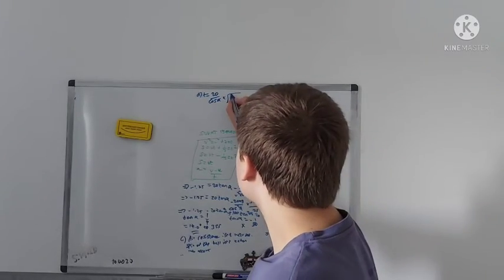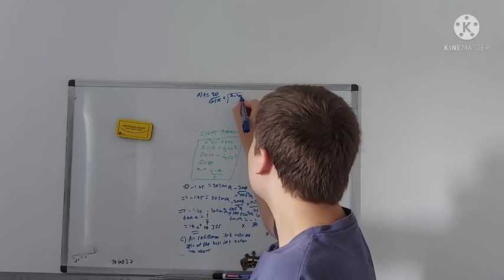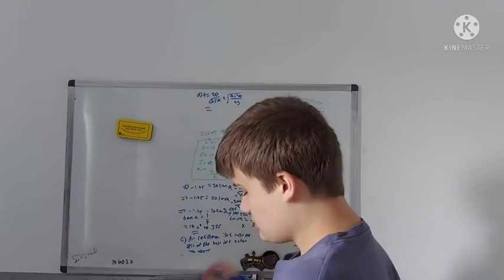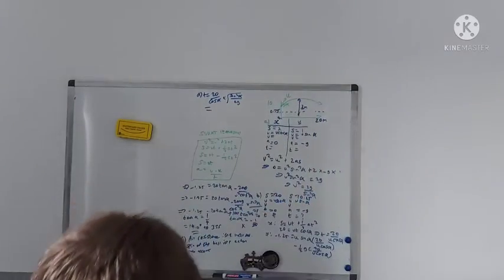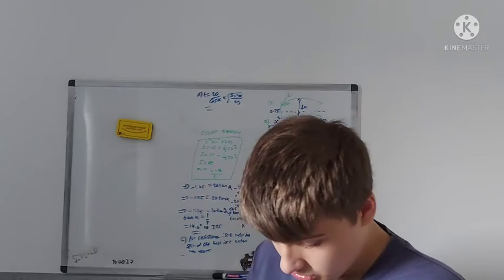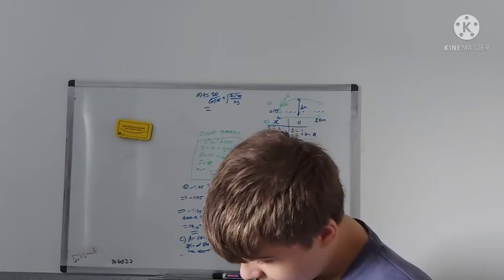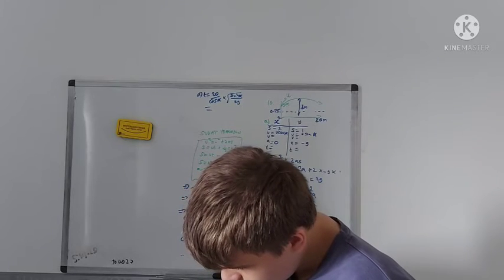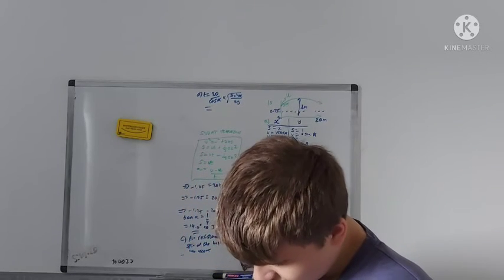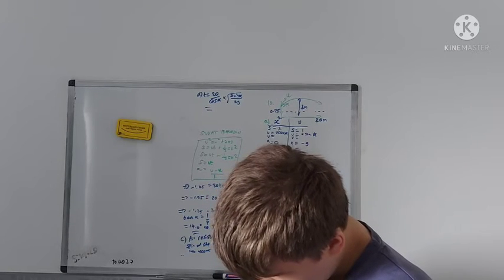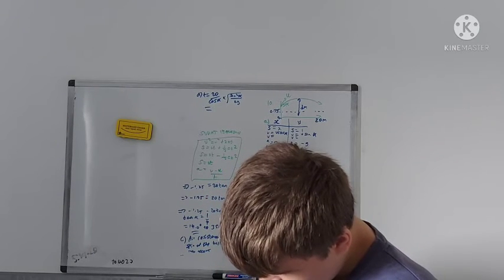So it will be sine squared alpha over 2g. So straight into the calculator. So where do I want to go about this? Now cosine of alpha, I don't think we're given. No. Okay.